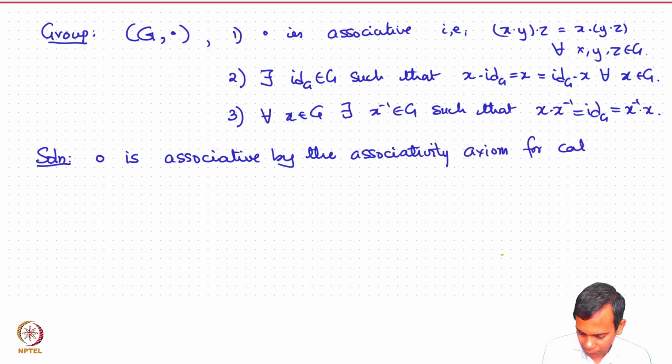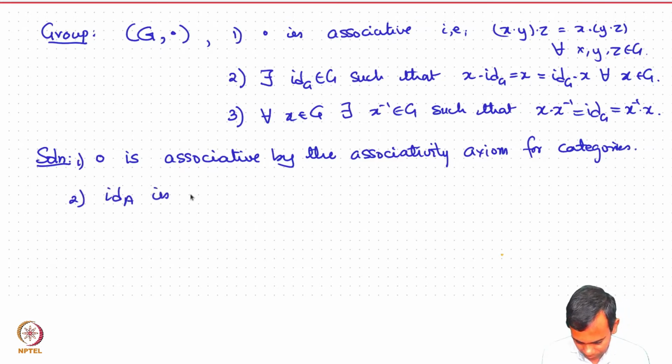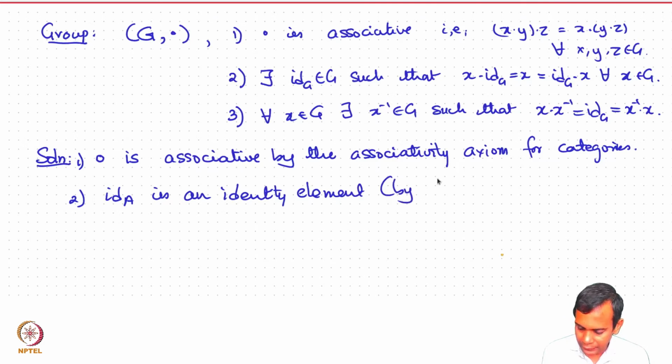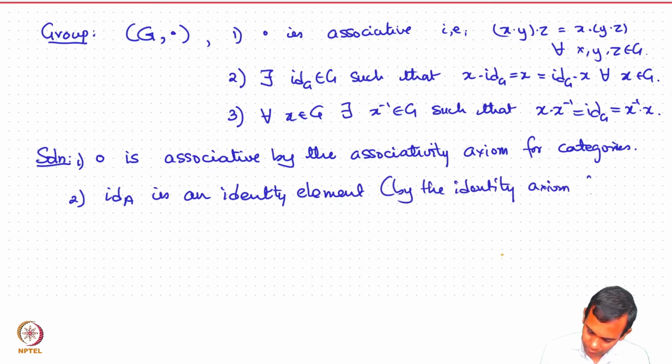And then there exists an identity which is identity sub A, by the identity axiom for categories. And thirdly, the existence of an inverse.